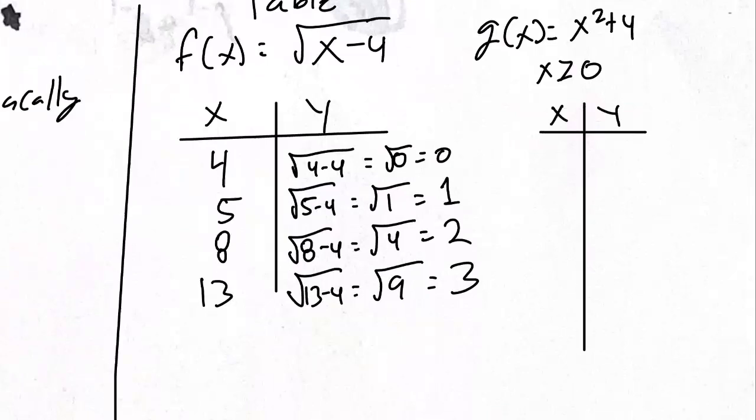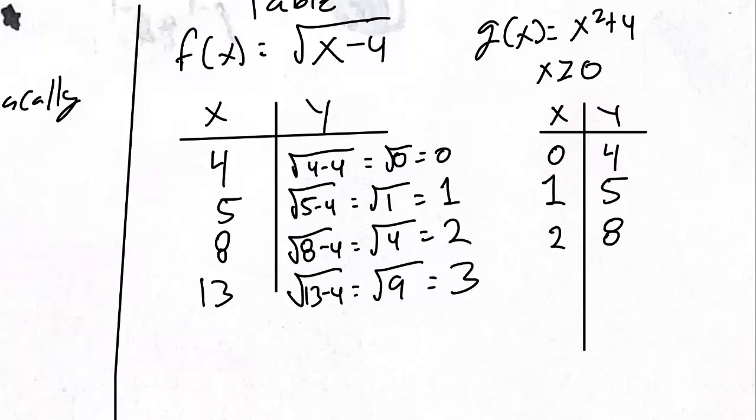So the first number that I will plug in would be 0, right? 0 squared plus 4 is 4. What would the next one be? 1. 1 squared plus 4 is 5. Which one would be the next one? 2. So 2 squared is 4, plus 4 is 8.